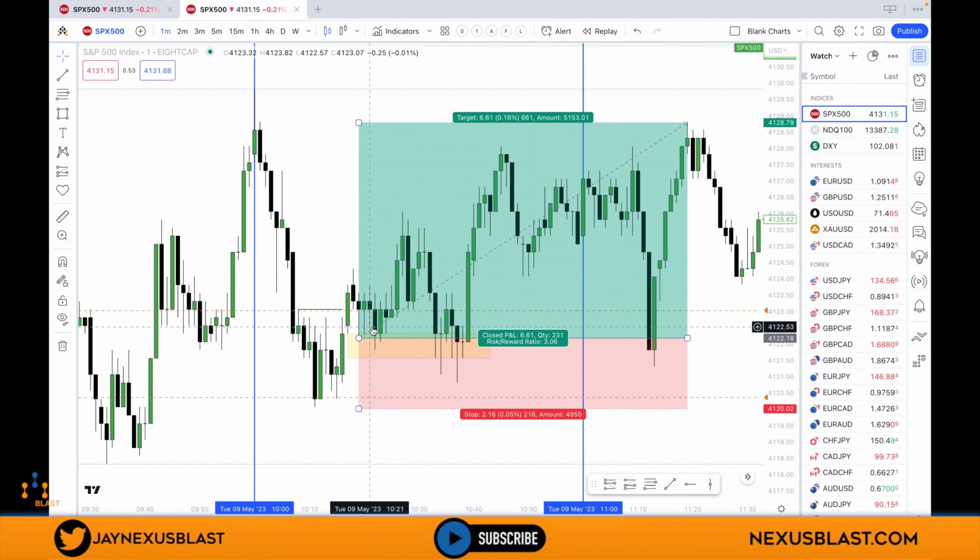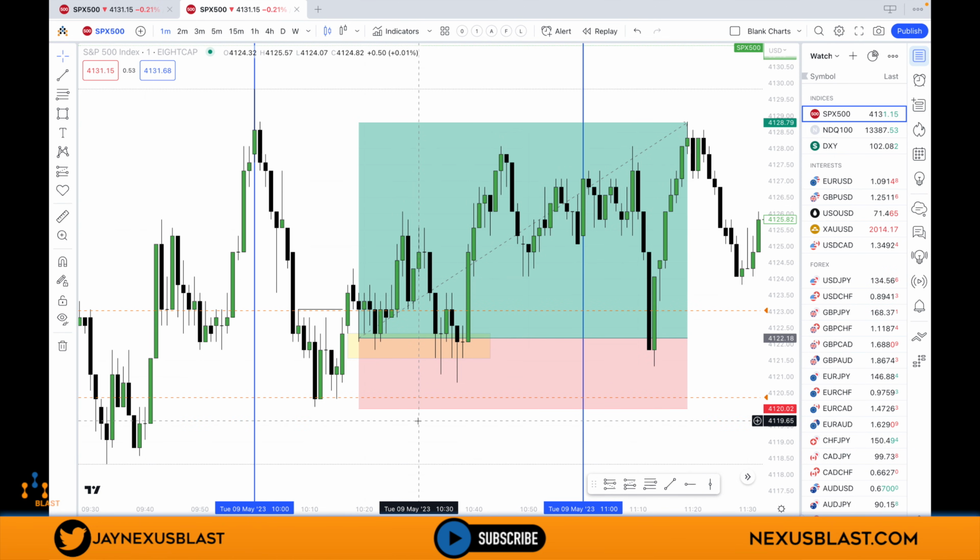And then once you're in, I like to take my trades with a 1 to 2, 1 to 2.5, and I don't move my stop loss. I let the TP get hit. So the outcome of the trade is either take profit at 2 or 2.5, or a stop loss at 1R, for example.